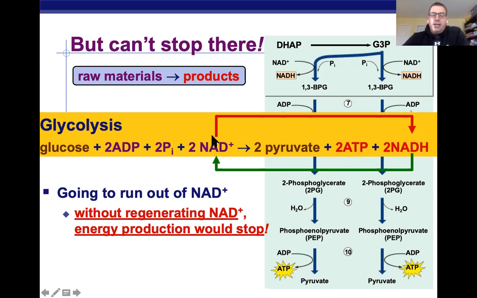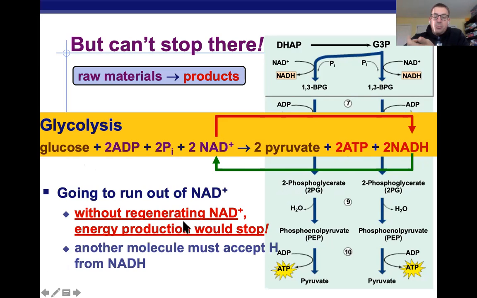So cells that only carry out glycolysis and don't carry those electrons to an electron transport chain inside of a mitochondria have to have somewhere to drop off these electrons from NADH so that the NAD plus gets recycled and can go back to glycolysis to pick up more electrons, okay? Because otherwise energy production would stop and the organism is going to die.